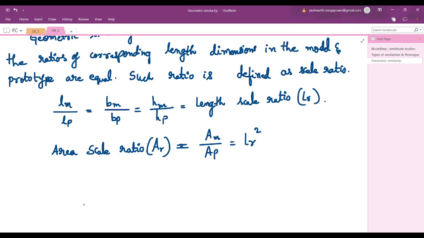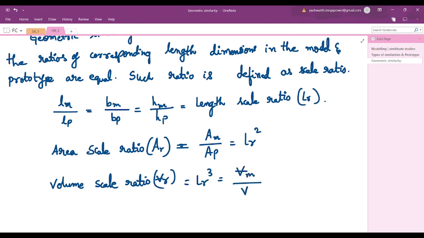In the very same way, the volume scale ratio VR is nothing but LR cube, isn't it? That is the volume of the model by the volume of the prototype. Clear? So these are the things related to geometric similarity.